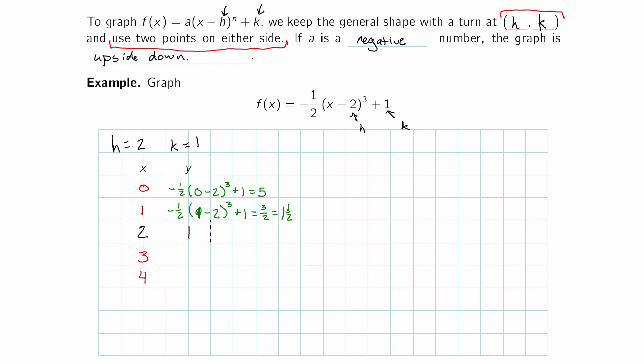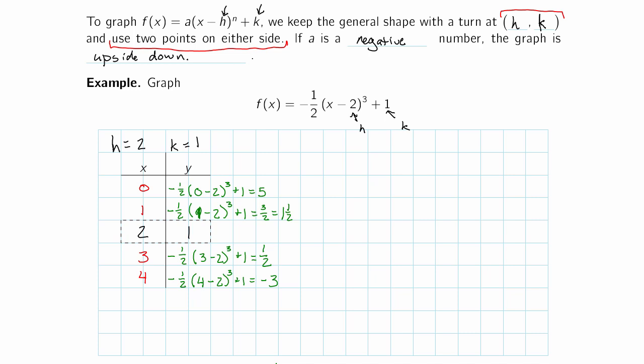That's 1 1/2. Putting in 3, I have -1/2 times 3 minus 2 to the third plus 1. And that's going to work out to 1/2. And finally, -1/2 times 4 minus 2 to the third plus 1. That gives me a -3.